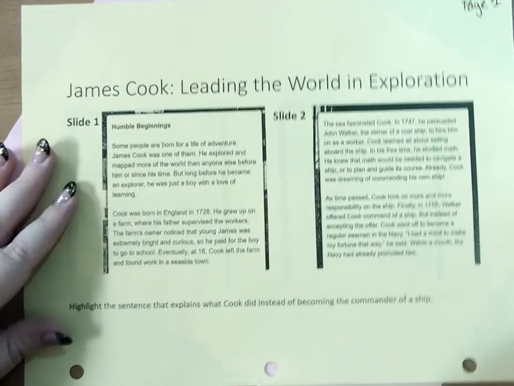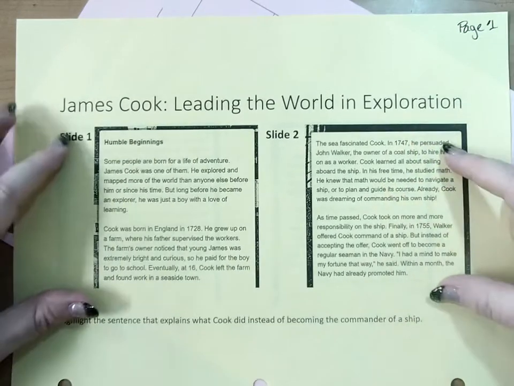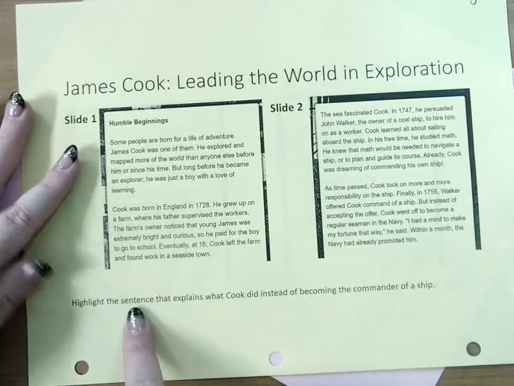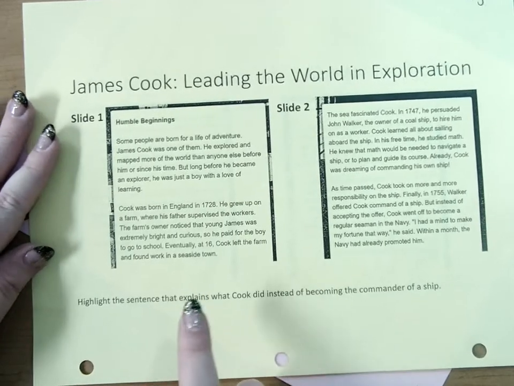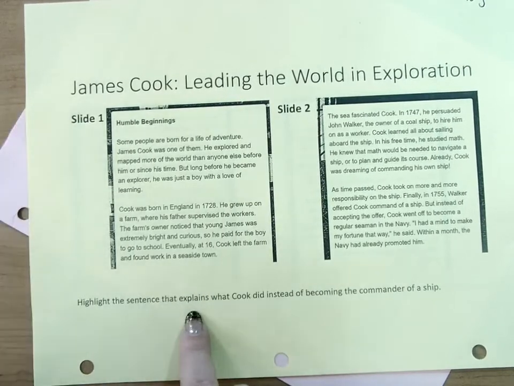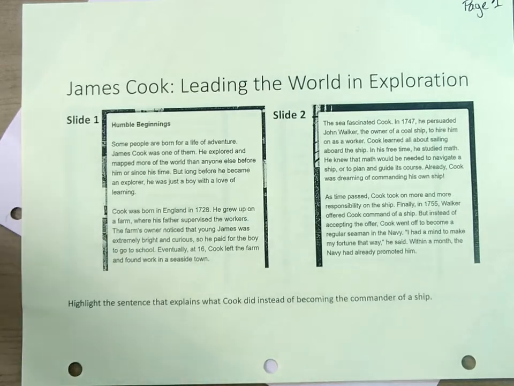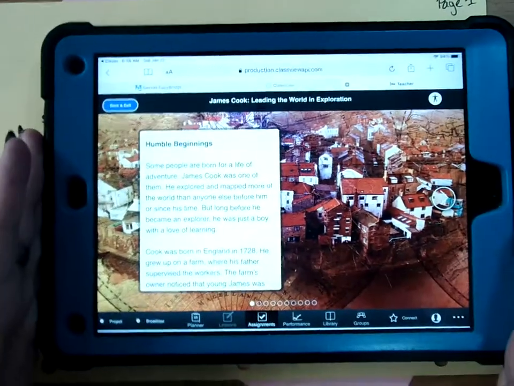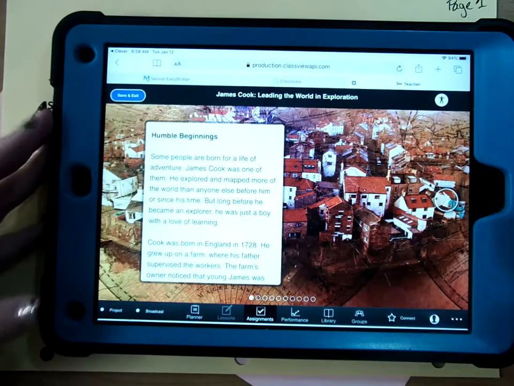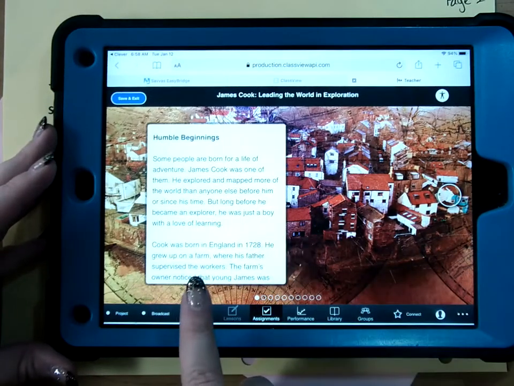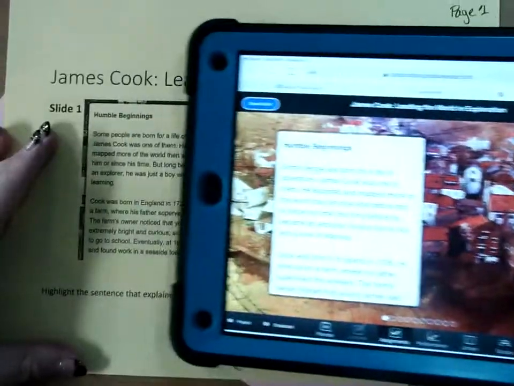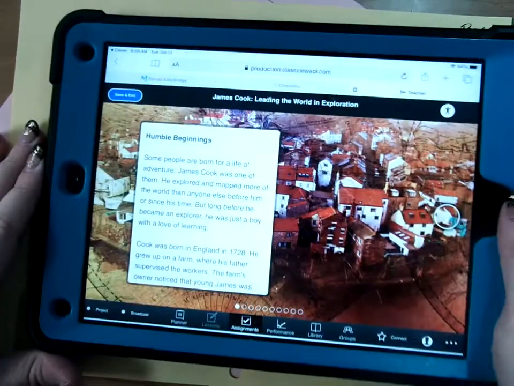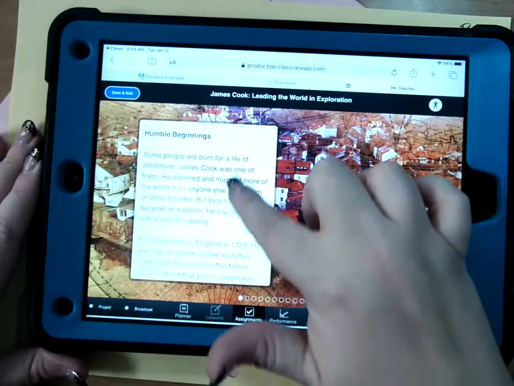So for the first page right here, we have the first 2 slides, and then you have this question down here. Now, those of you that remember the digital, well, let me pull it up here. The digital one, okay, so this would be slide 1 or screen 1, okay? And then you would read that in its entirety.